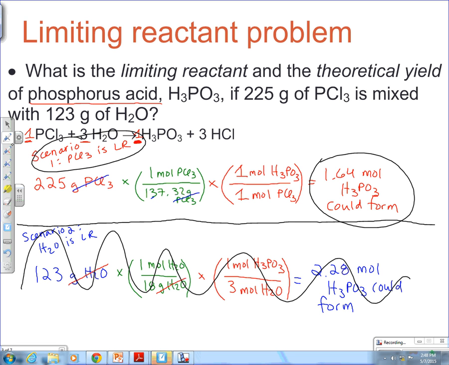Now, typically we report our theoretical yields in grams, so I'm going to switch gears, and I'm going to pull up another slide so we can convert those moles into grams as our final step.